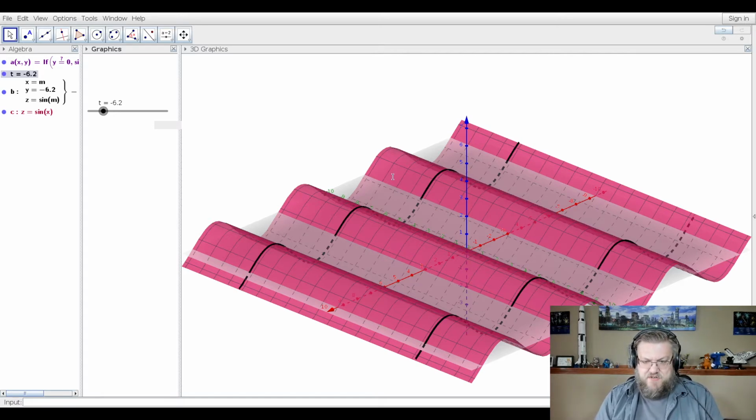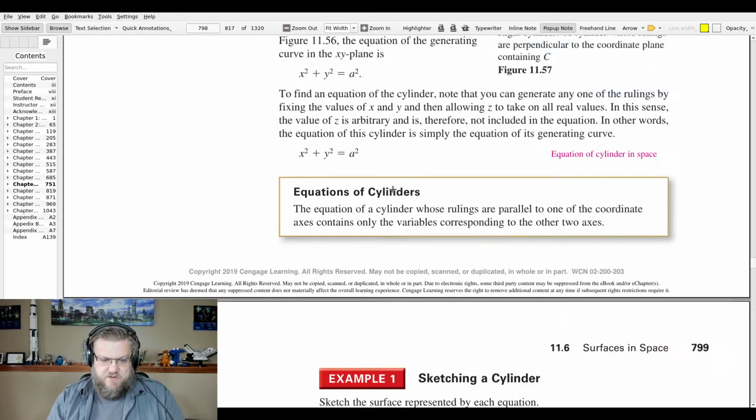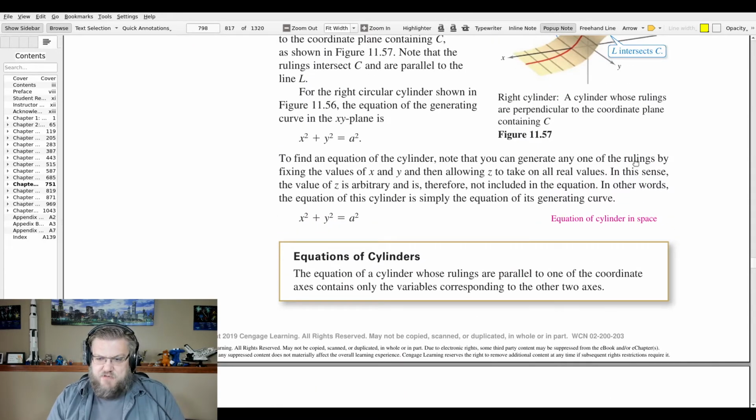And since you have to be parallel to a line, there's a nice way to think about this. Let's go to the textbook here. They say it really straightforwardly: the equation of a cylinder whose rulings are parallel to one of the coordinate axes contains only the variables corresponding to the two other axes.